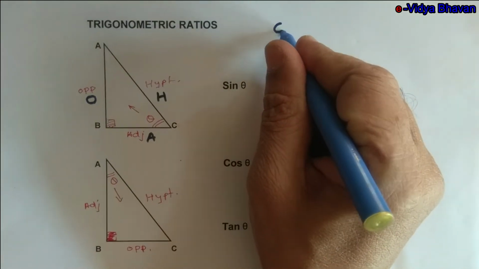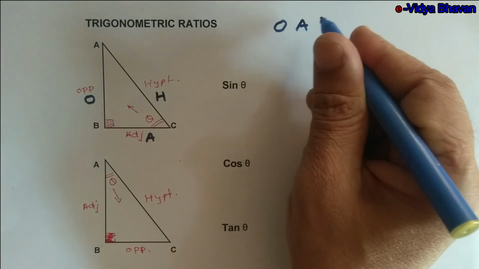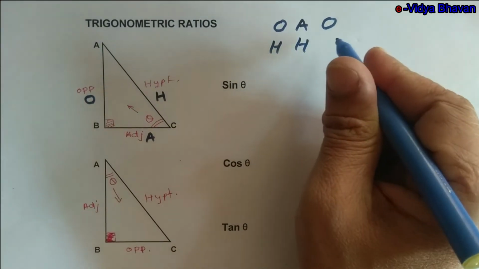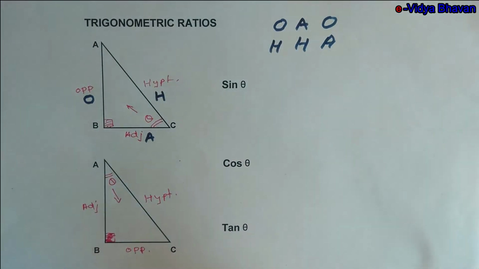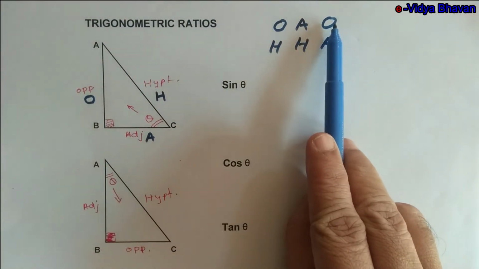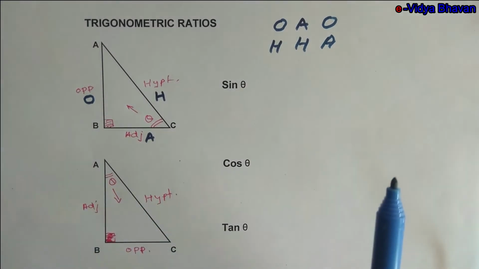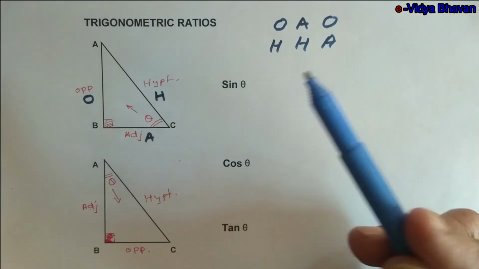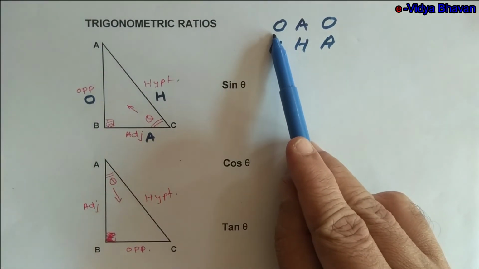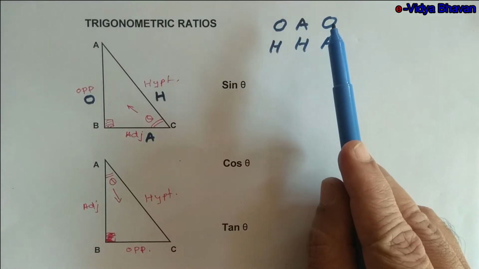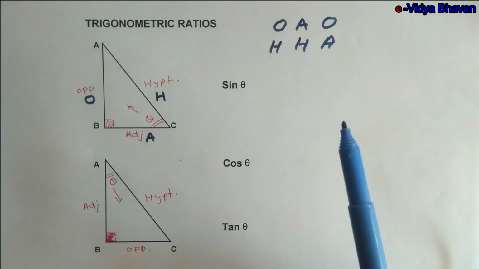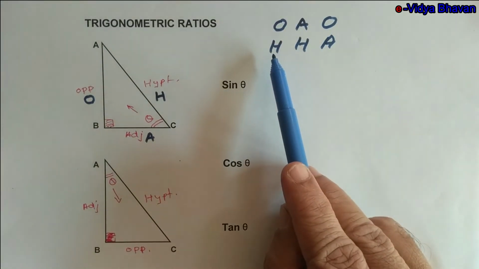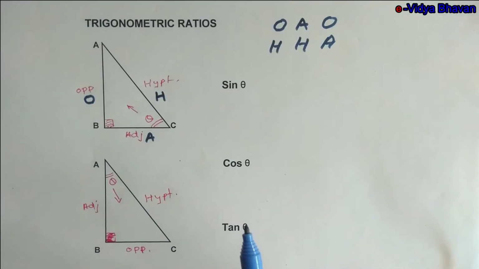Just remember O, A, O, H, H, A. Remember these letters. My dear students, you can memorize it using the sentence "Old Appu, old happy healthy Appu." I repeat, old Appu, old happy healthy Appu.